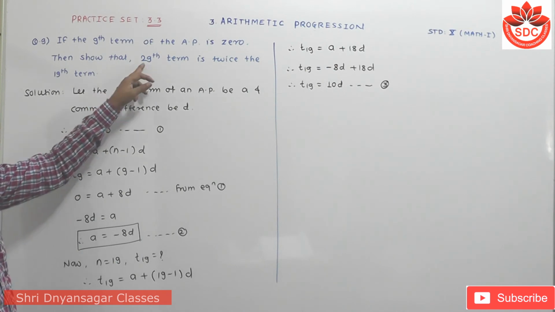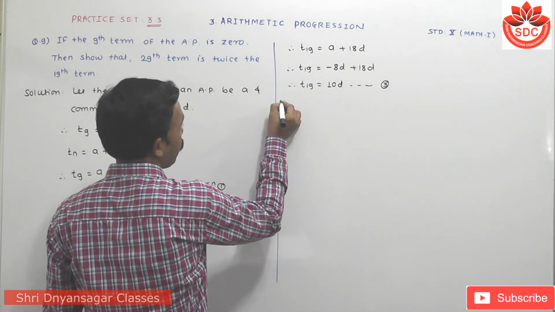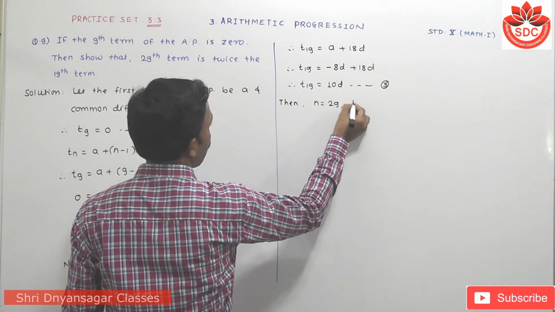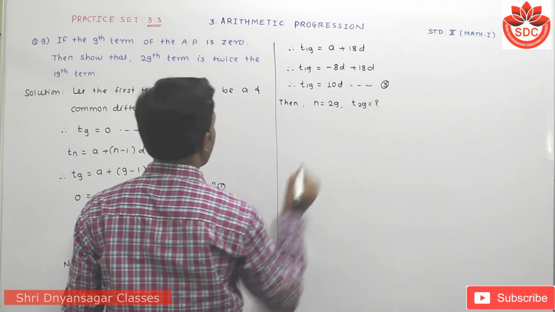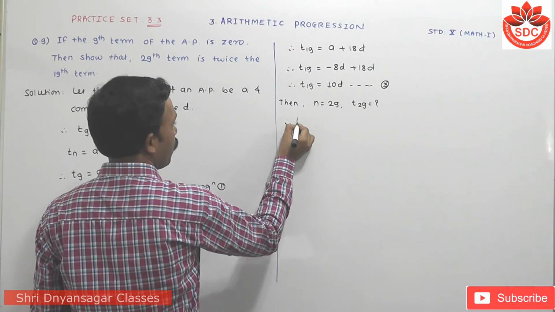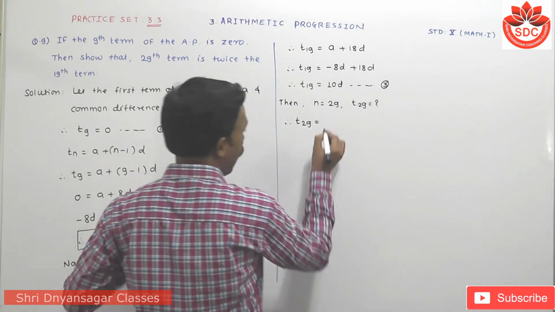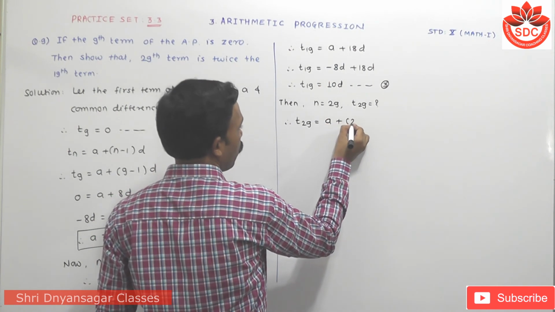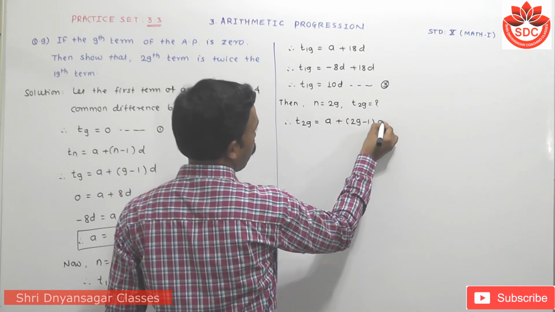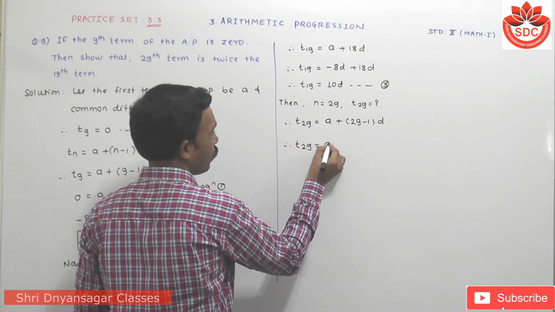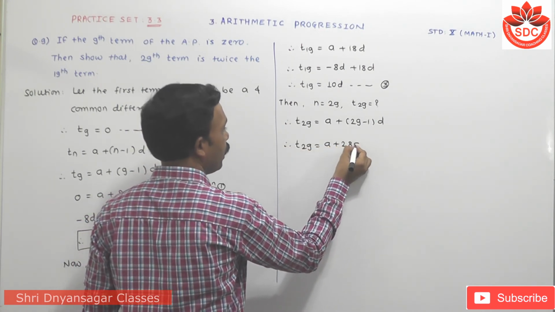Then we have to find out the 29th term. Then N is equal to 29. T29 is equal to question mark. Substitute in this formula, we get A plus 29 minus 1 into D. Therefore T29 is equal to A plus 28D.